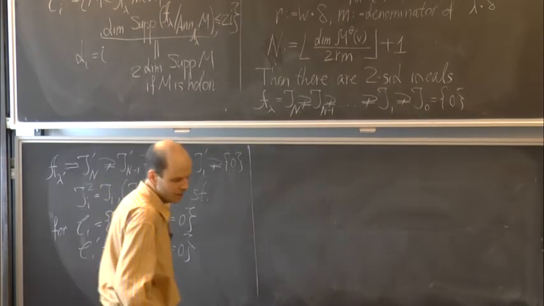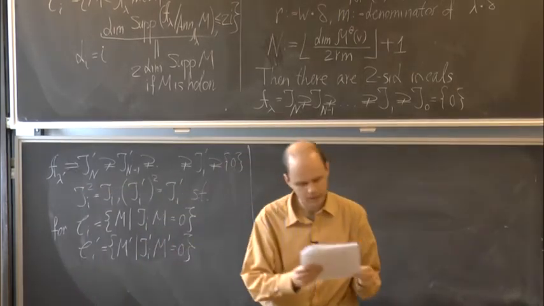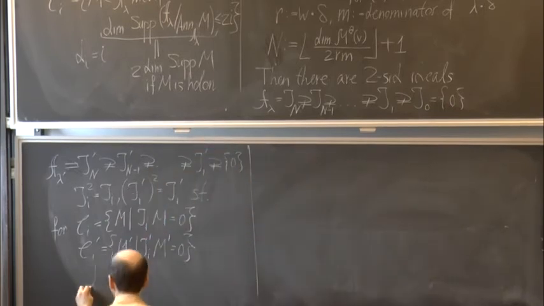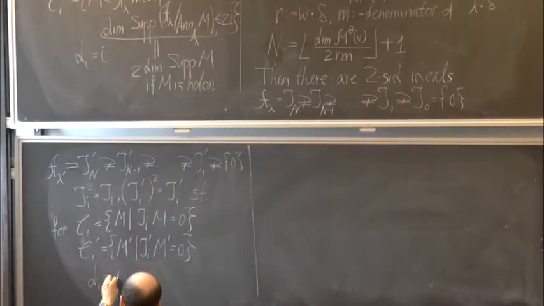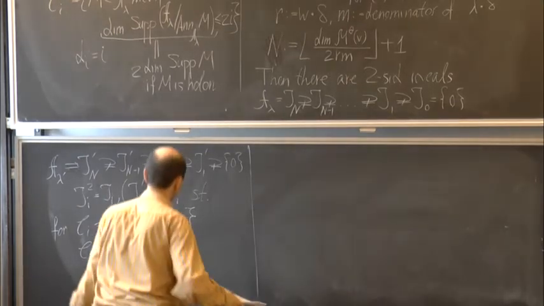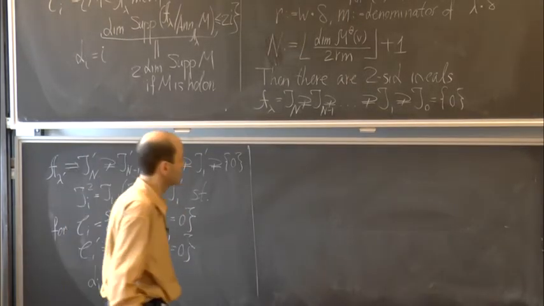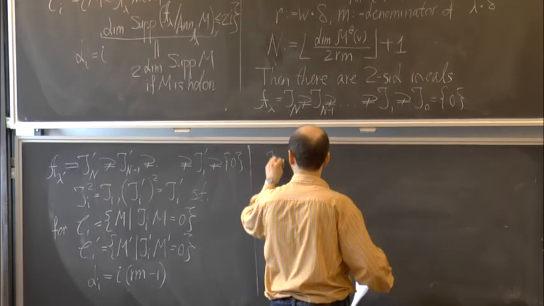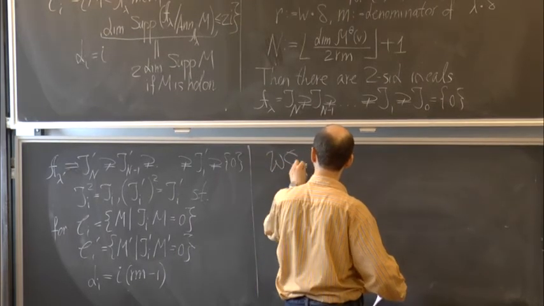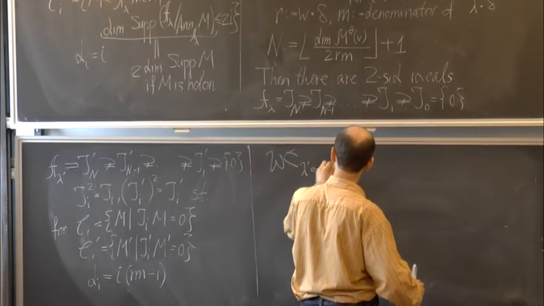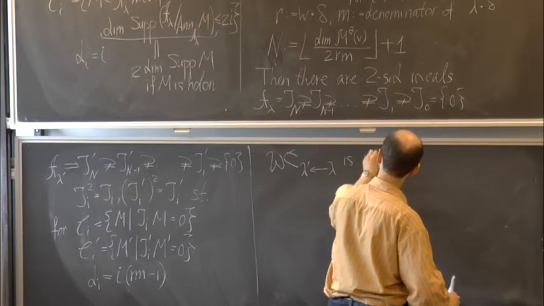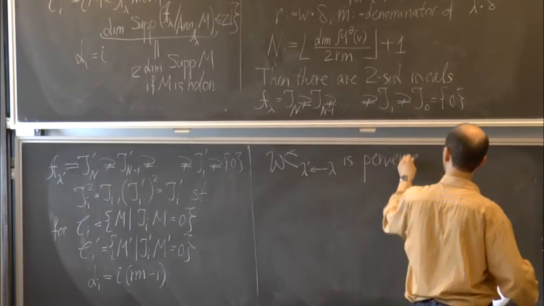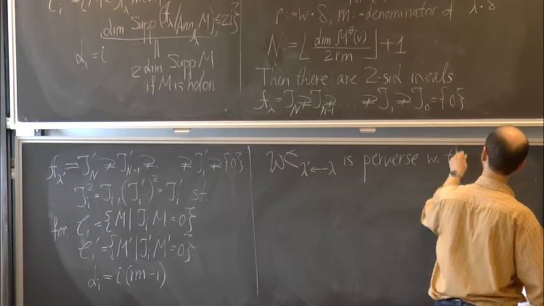And for di equal to i Rm minus 1, the corresponding wall-crossing functor is perverse with this data.